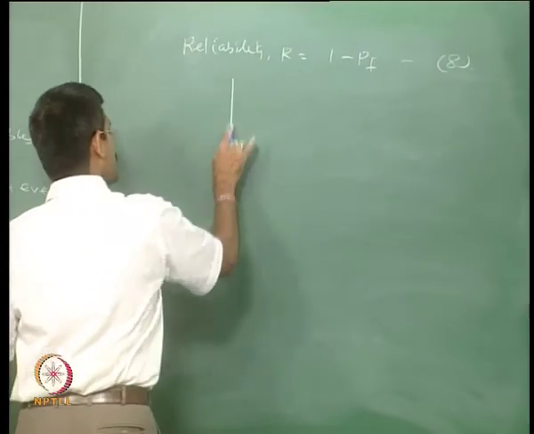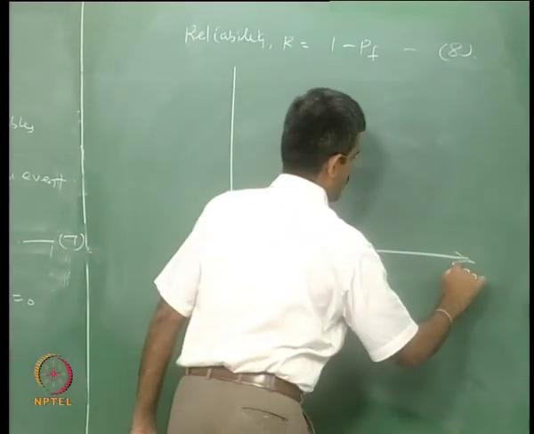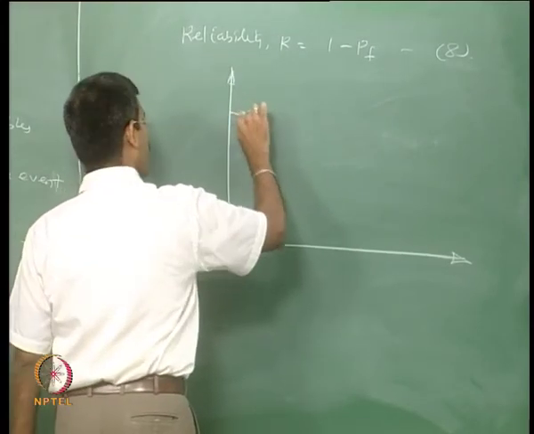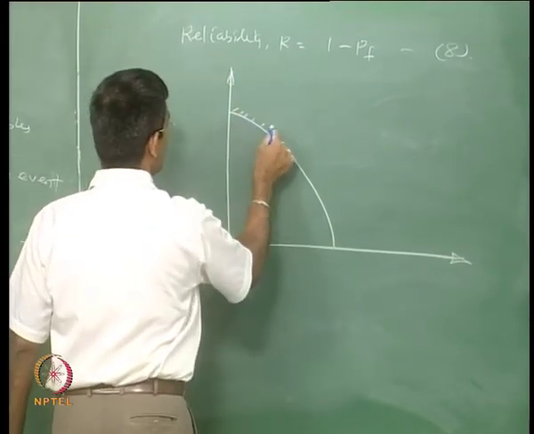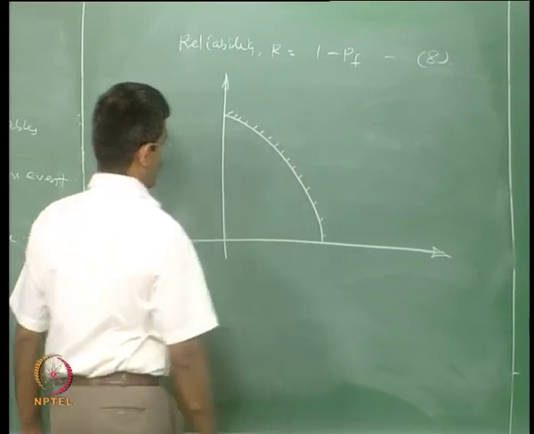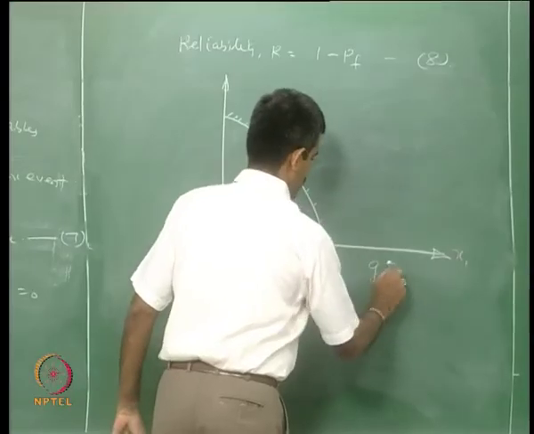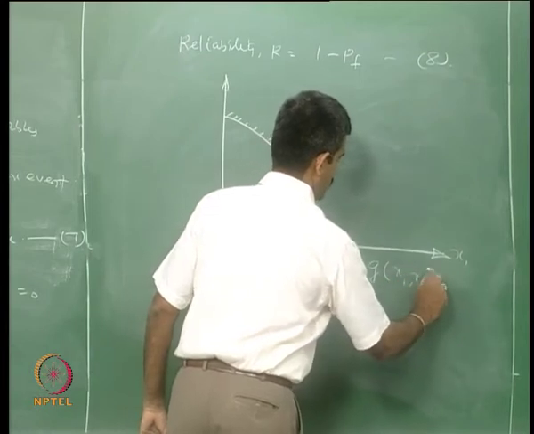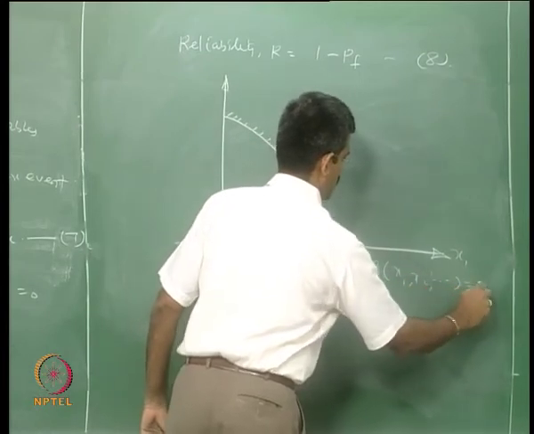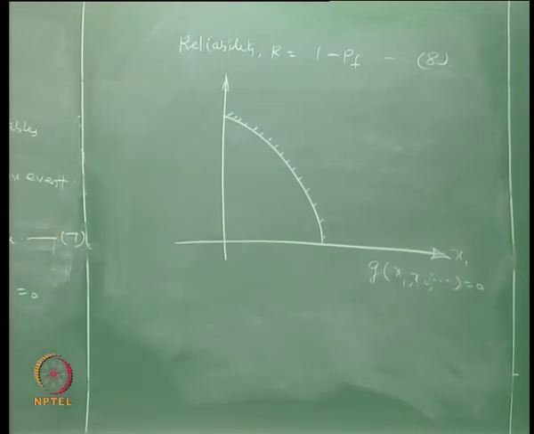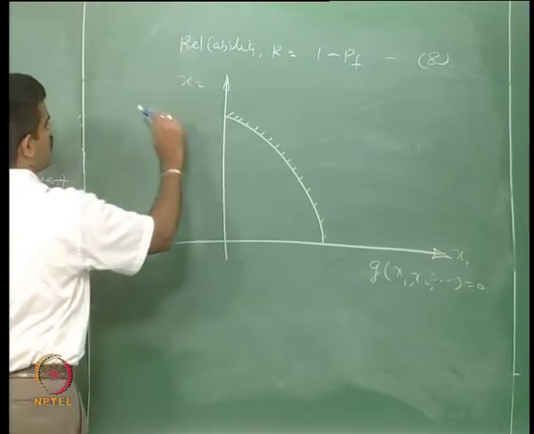Let us say I can plot this domain. Let us say x1, g of x1, x2 equals 0. So, this is x1 and x2. I am plotting in a 2-dimensional domain.